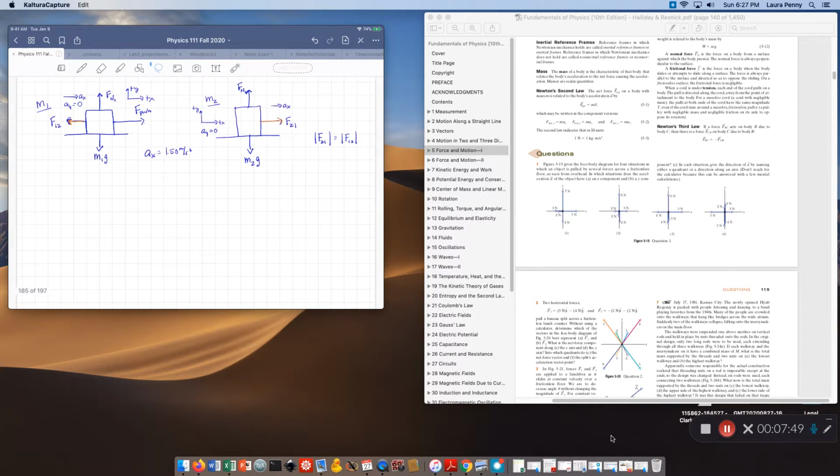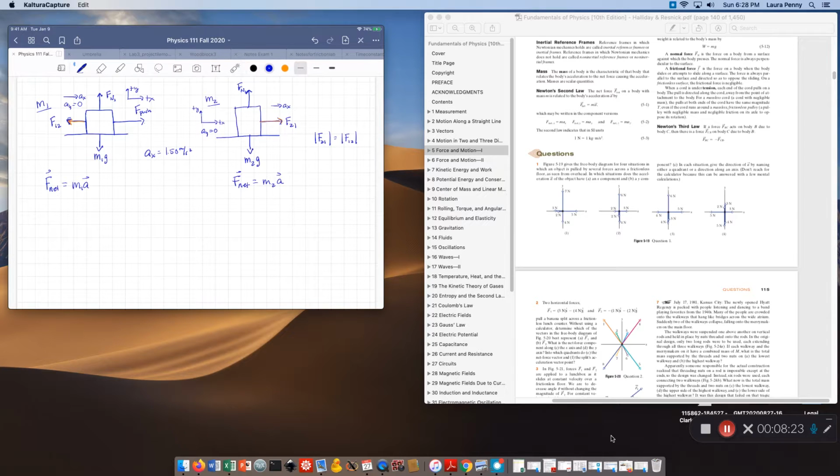All right, so this is looking a little more complicated. Again, I want to do F net equals m, in this case, m1 a. And then I also want F net on mass 2 is equal to its mass times its a. In both situations, I have horizontal motion, I have horizontal forces, and I have vertical forces.